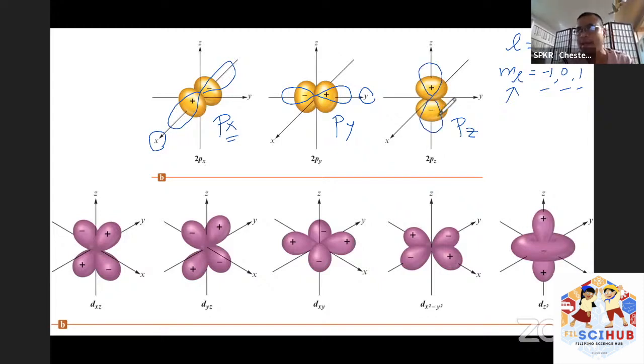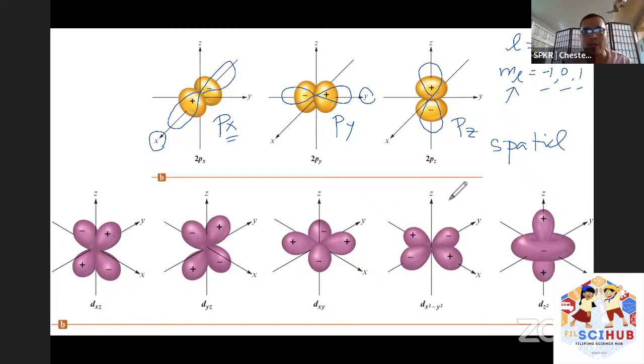Kaya yung M sub L is spatial orientation, hindi special, spatial, okay? Depende yan yung position nila sa coordinate system. Kaya actually, makikita nyo nga tuloy ngayon na tama yung mathematical form kasi pag ginamit mo yung mathematical form, talagang it is going to be very specific of the position.